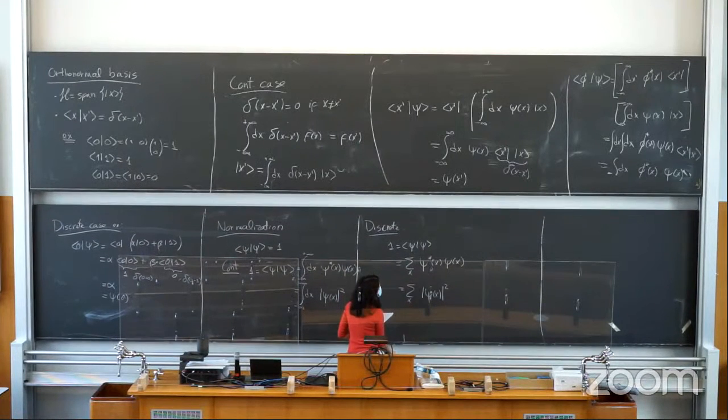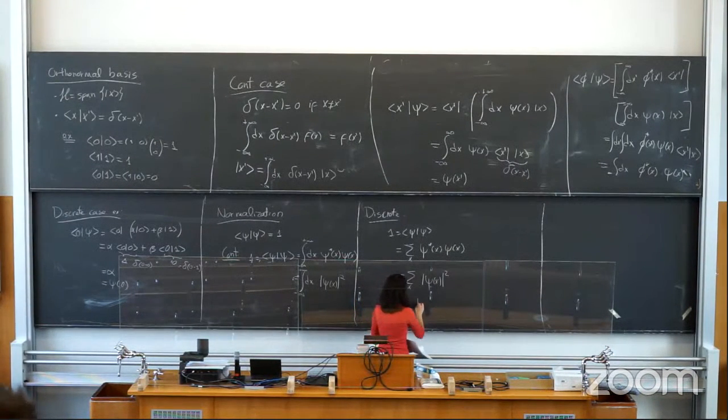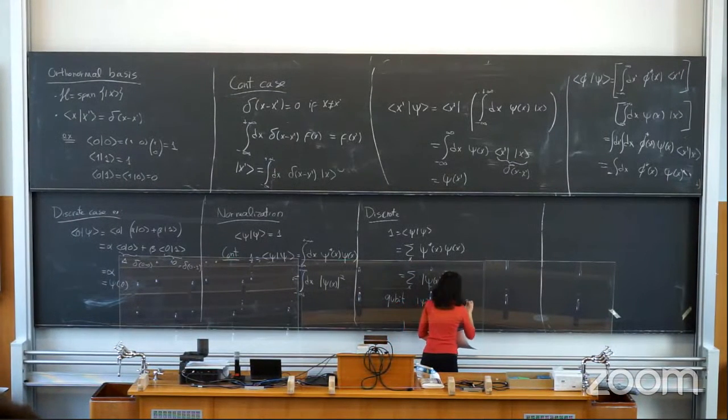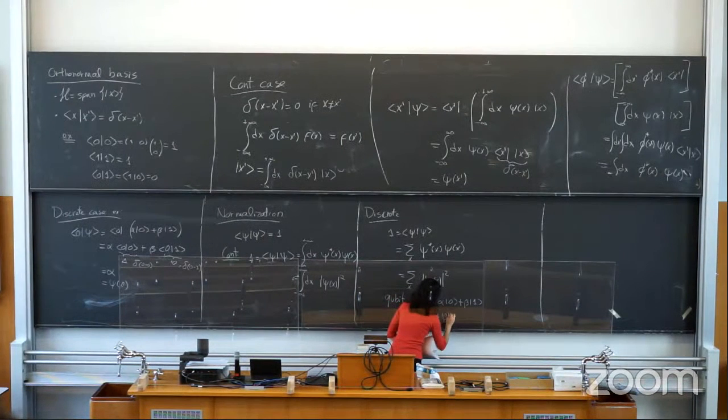In the example of the qubit, it's a special case. If you have our usual state of alpha 0 plus beta 1, this just means that the absolute value of alpha squared plus the absolute value of beta squared must be 1.